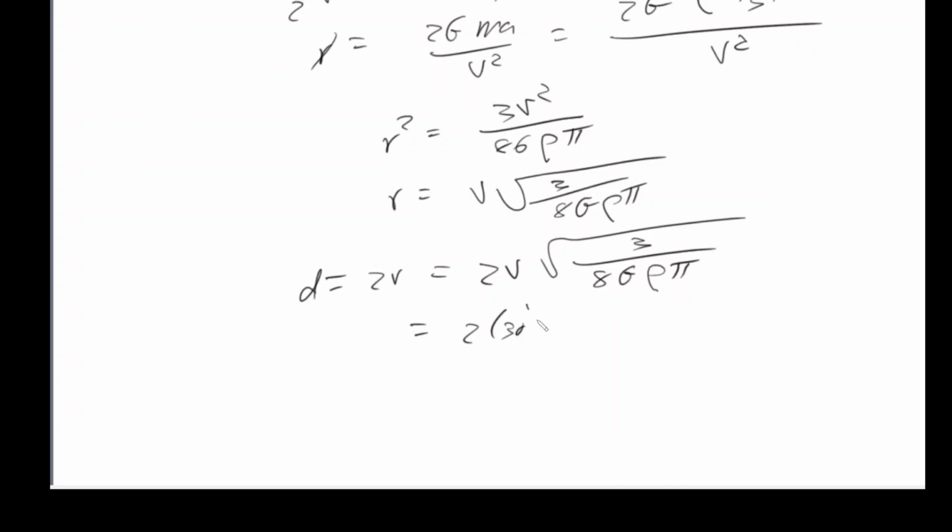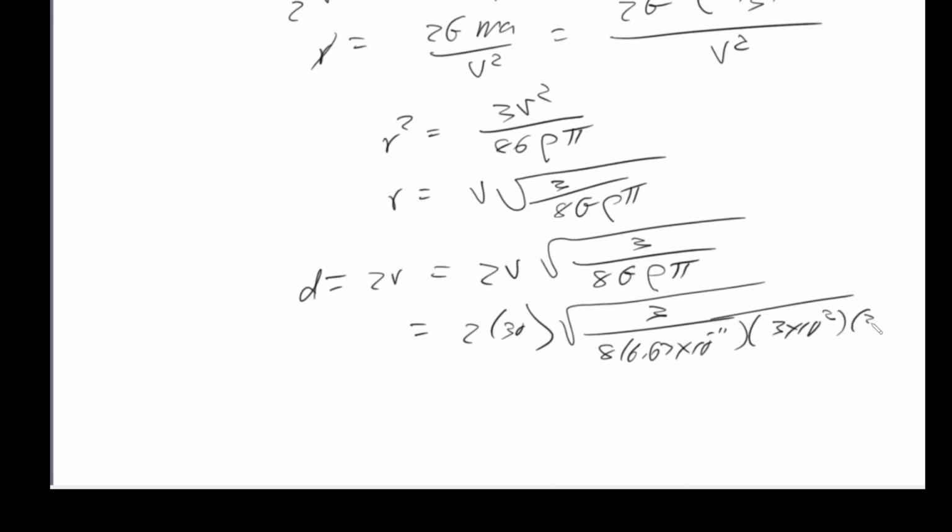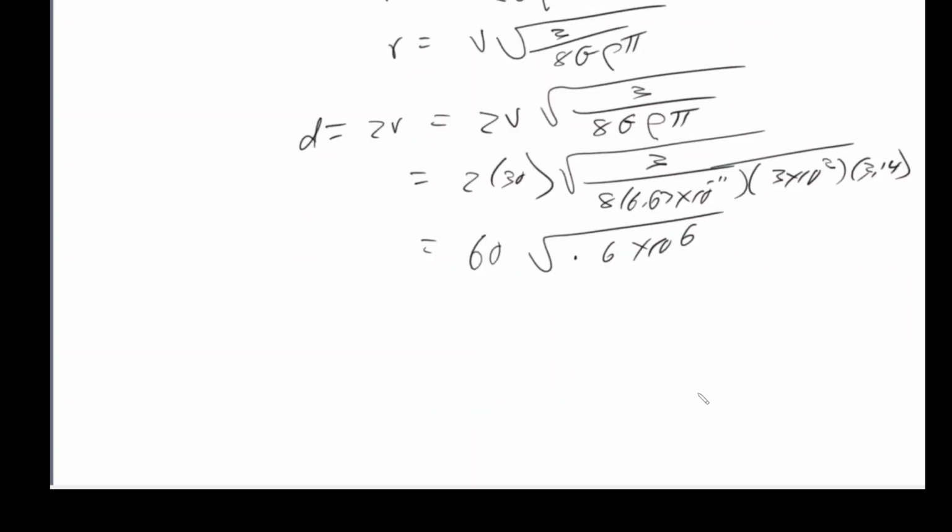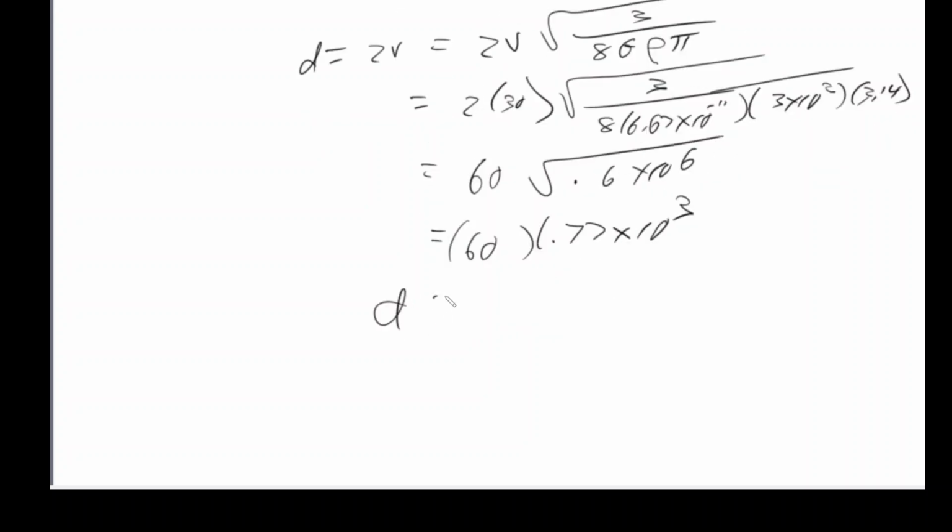So it's 2 times 30 times the square root of 3 over 8 times 6.67 times 10 to the minus 11 times density, which is 3 times 10 to the third, times pi, 3.14, which equals 60 times the square root of 0.6 times 10 to the sixth, which is 60 times 0.77 times 10 to the third, or the diameter is equal to 46.5 times 10 to the third meters, or 46.5 kilometers.